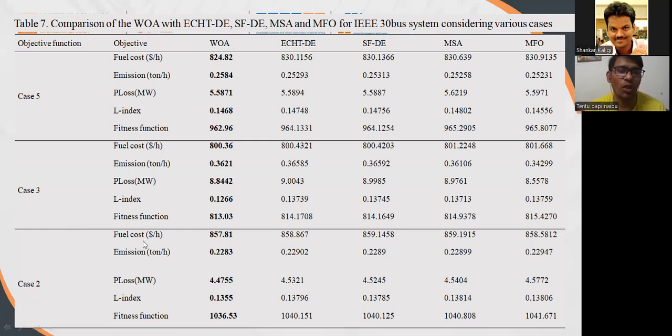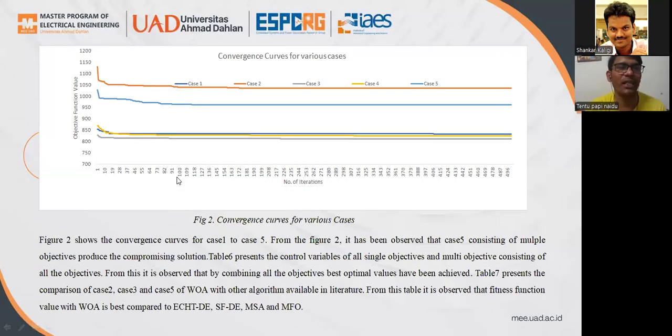Similarly for case 2, fuel cost objective, L index, and fitness, Whale is very low compared with the other algorithms.